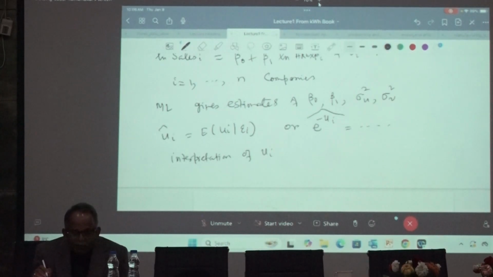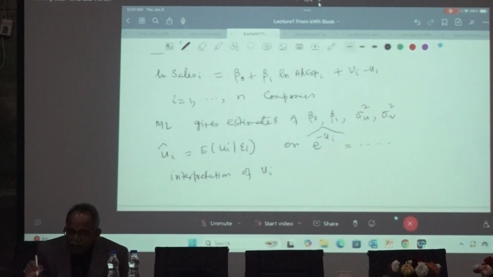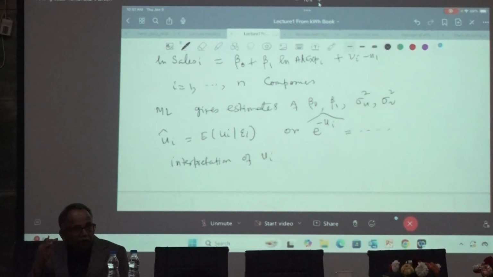If we go back to the model here, remember this inefficiency is measured relative to the frontier, and the frontier is the benchmark. We are using V for that.